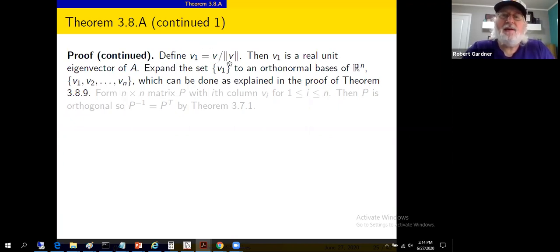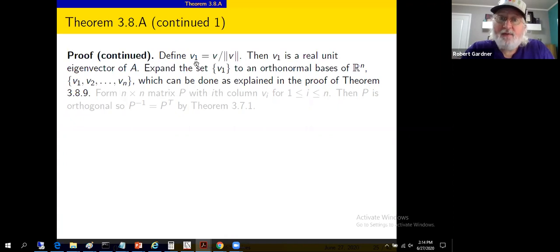So scaling eigenvectors doesn't change the fact that you're still dealing with eigenvectors. Scalar multiples of eigenvectors are eigenvectors when you don't use the scalar 0, because we didn't count 0 vectors as eigenvectors.